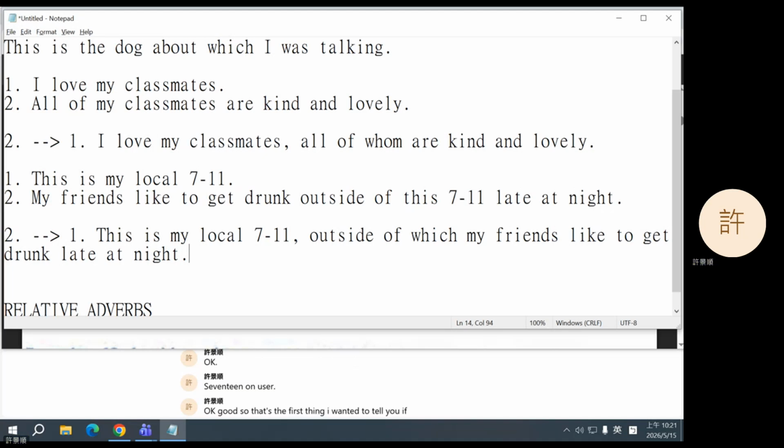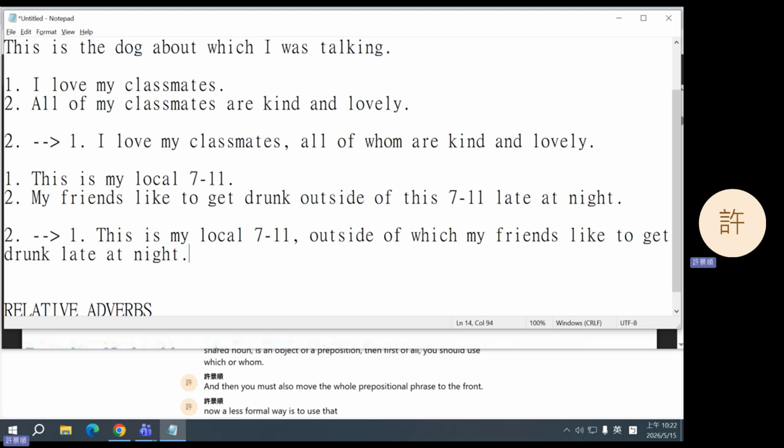If in sentence 2, the shared noun is an object of a preposition, then first of all, you should use which or whom. And then you must also move the whole prepositional phrase to the front. Now, a less formal way is to use that.